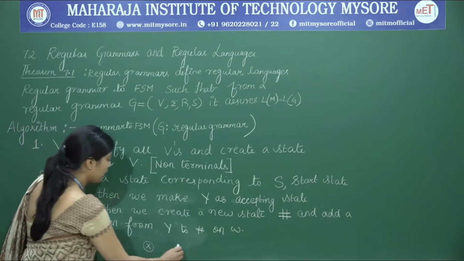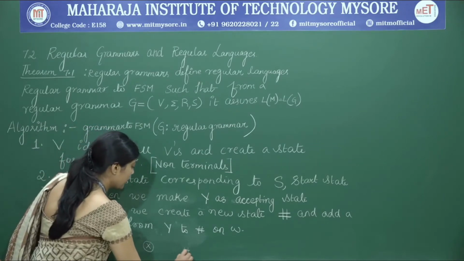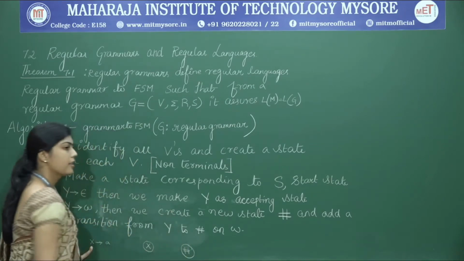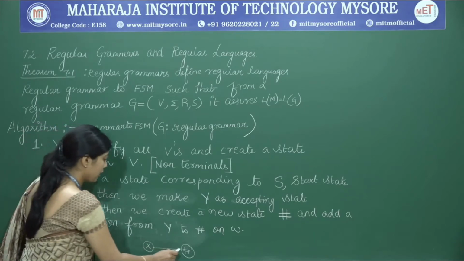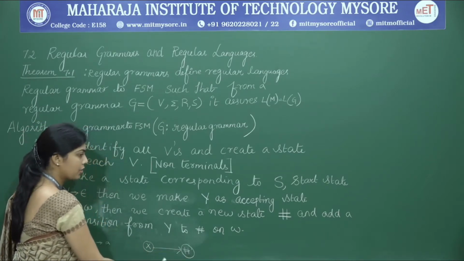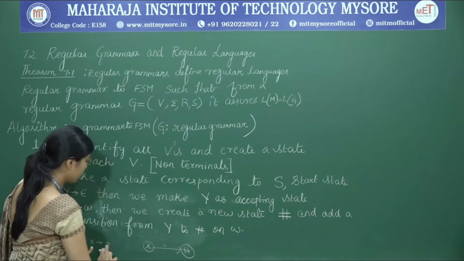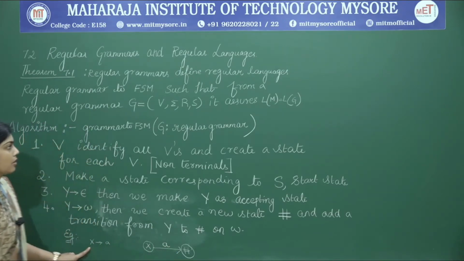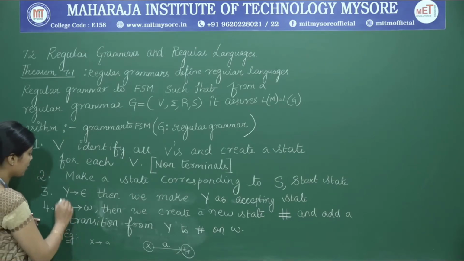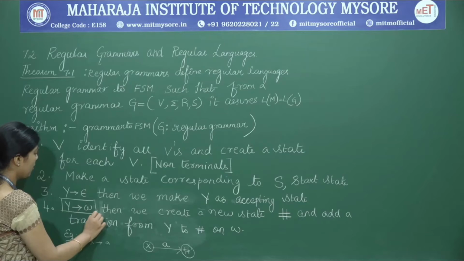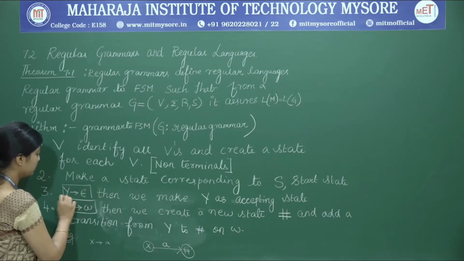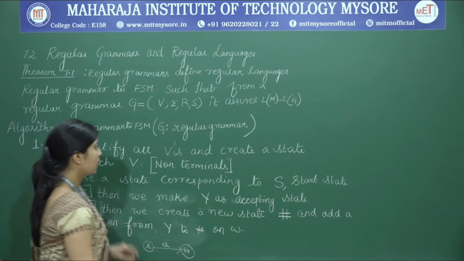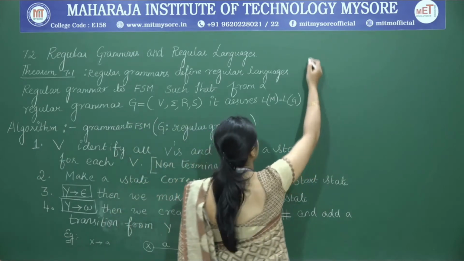So x will be here, and then we create a new state named hash, and we create a transition from this state to hash over this w. So w in this place is a, so we write a here. This is the rule that we are going to follow for any production of the type y goes to w. Then we look into another production.